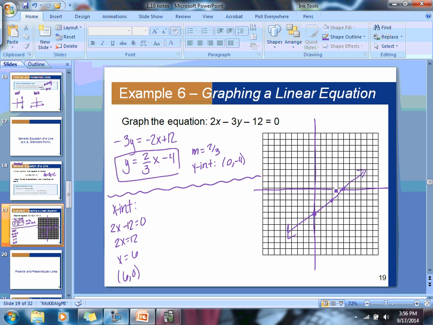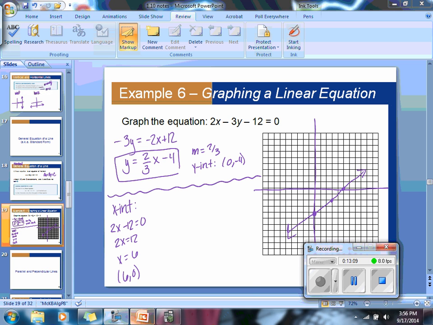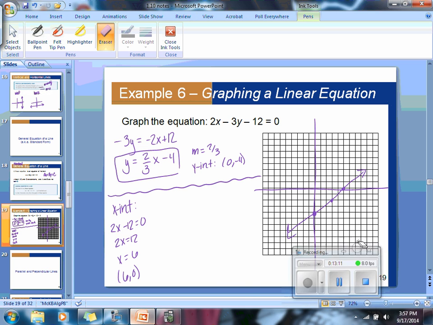1, 2, 3, 4. Oh no, I messed up on my graph a little bit when I was drawing it before. All right, let's see if I can erase that, fix that. Okay, found the eraser, so let's adjust that just a bit.